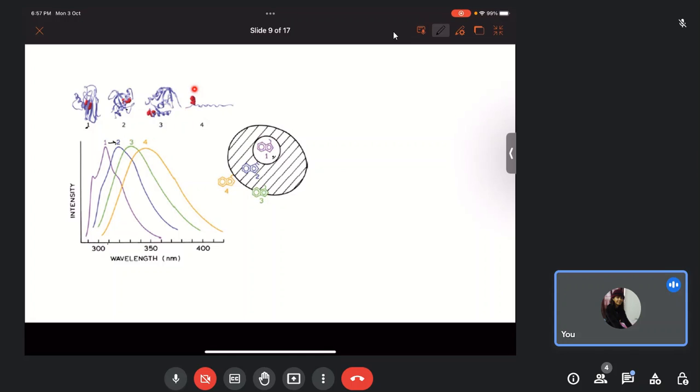And when it is completely unfolded, when it has only polar environment towards it, which is the case for the fourth tryptophan, labeled in yellow, you can see a completely Stokes shifted emission maxima. So this is one of the methods by which you can follow the tryptophan fluorescence to get some insights about the protein unfolding process.